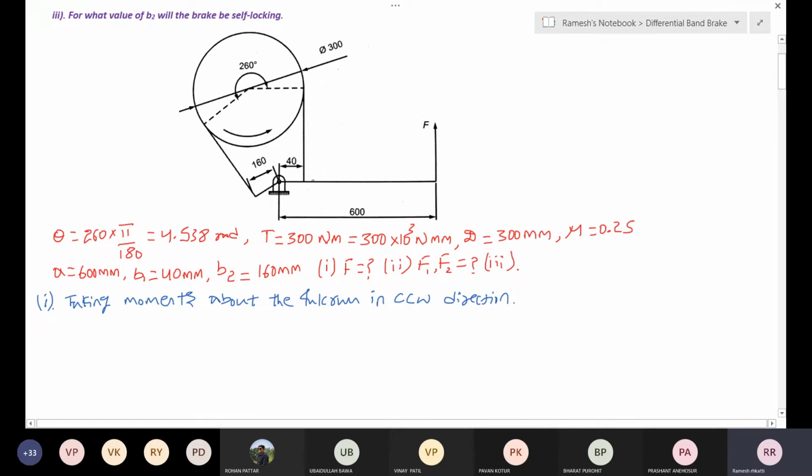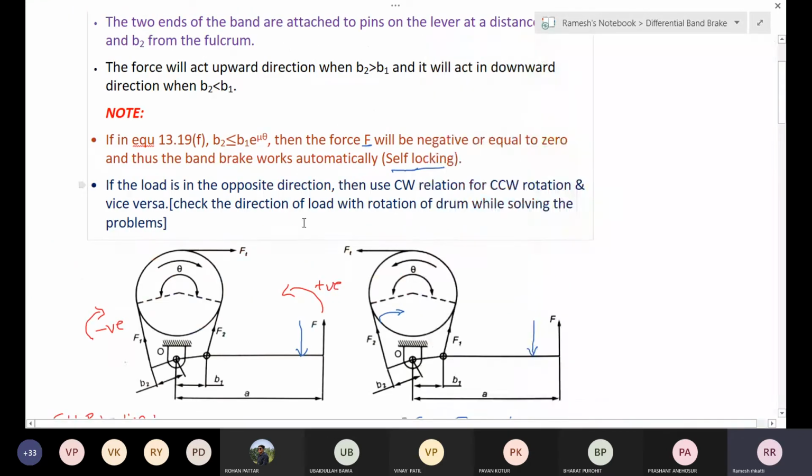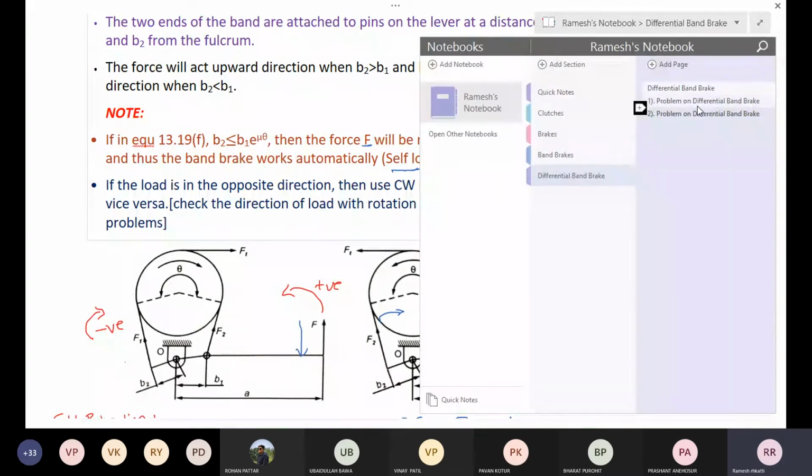And here you need to see how to write down the F1 and F2 direction. These are nothing but the tension in tight side and slack side. This is for anti-clockwise.